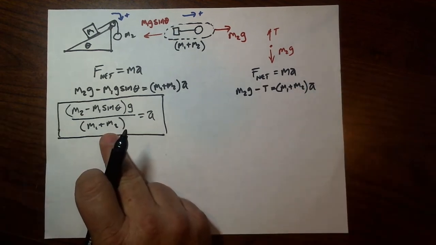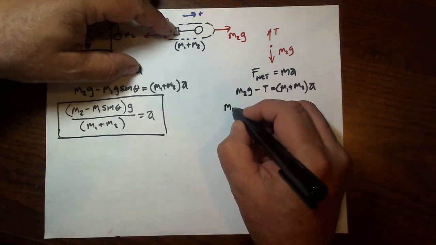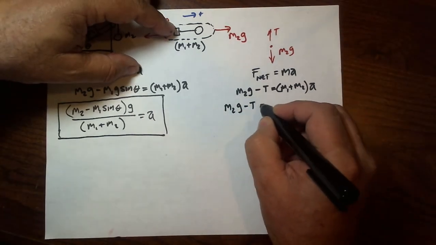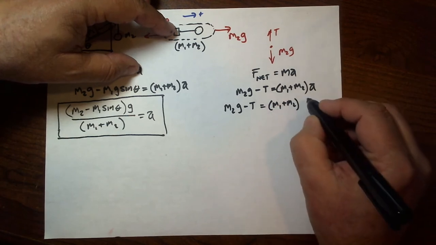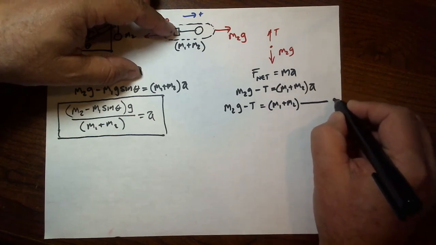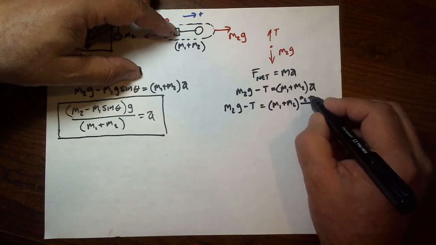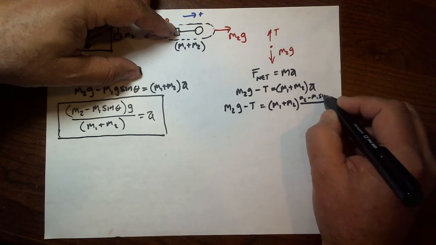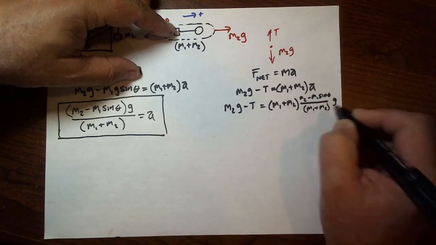Ooh, and a is huge and ugly. Okay, let's give it a shot here. So we're going to go m2g minus t equals the quantity m1 plus m2 times, and there's going to be a g over here, and up here on top is m2 minus m1 sine theta, and on the bottom m1 plus m2. Oh, hey, that's not bad.